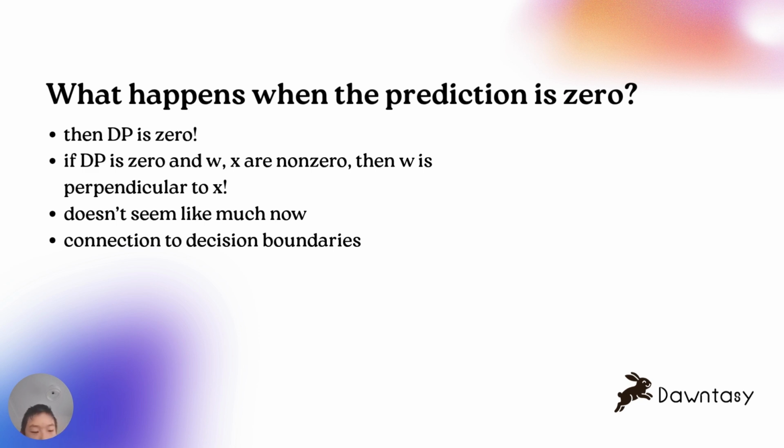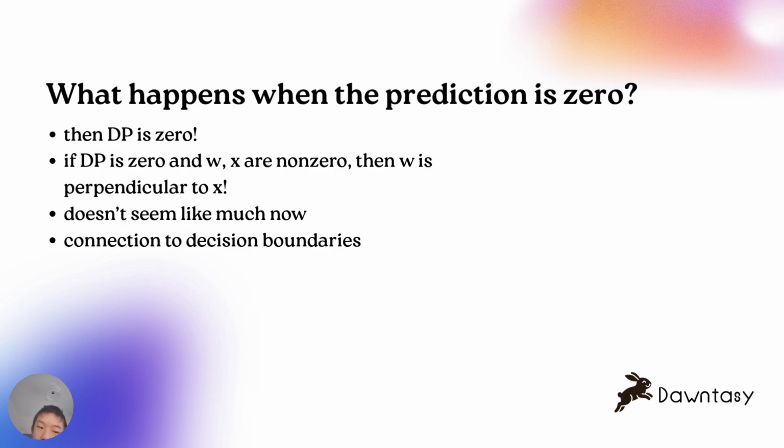So it doesn't seem like there's much to it right now, because so what? If the weight vector is perpendicular to the input vector, what insight does that bring? But this becomes especially useful when we encounter linear regression's classification counterpart, which is logistic regression. And we'll connect this to what we call a decision boundary.